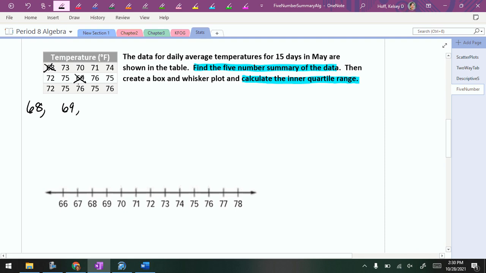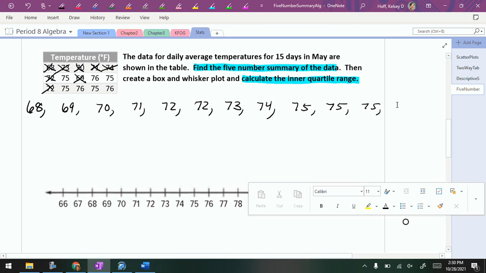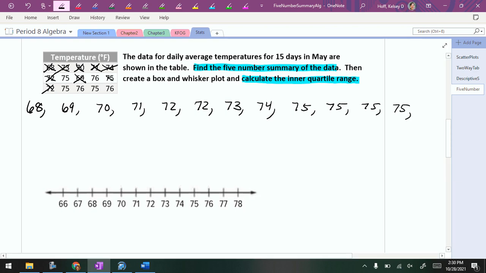69, 70, 71, 72. There's 2 of those, good. 73, 74. 1, 2, 3, 4 times. 1, 2, 3, 4 times, and then 3 76s.